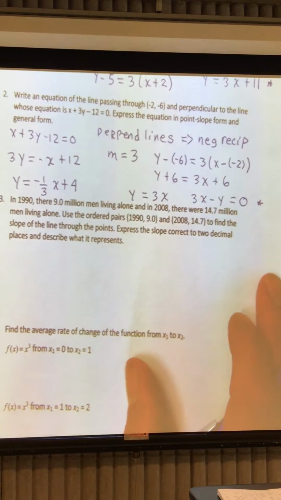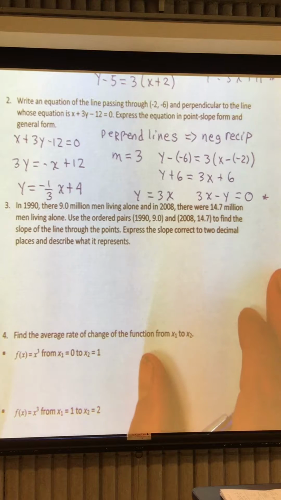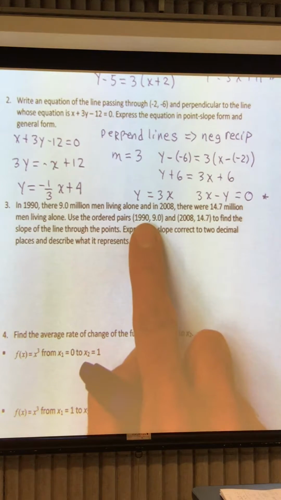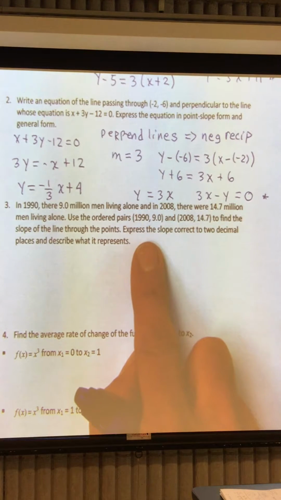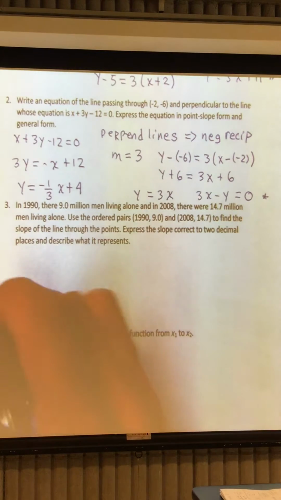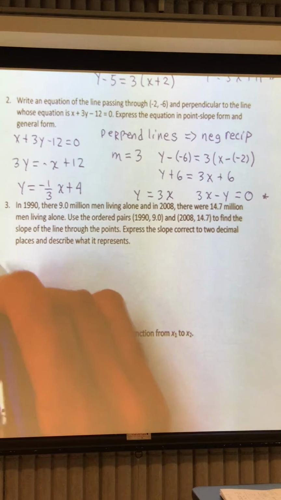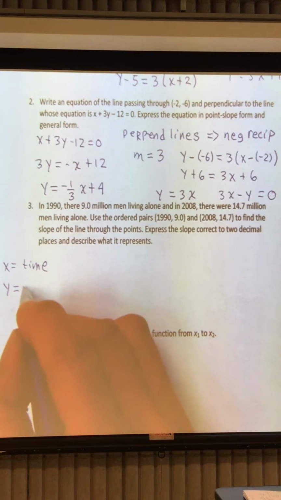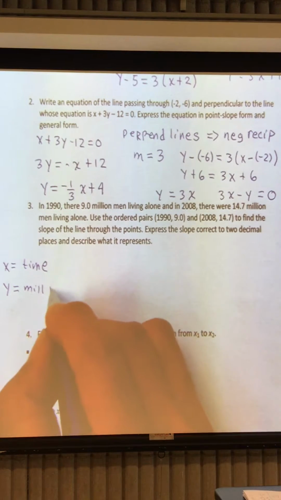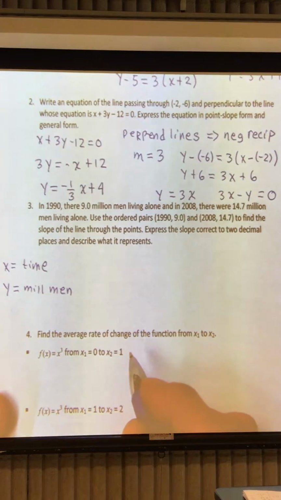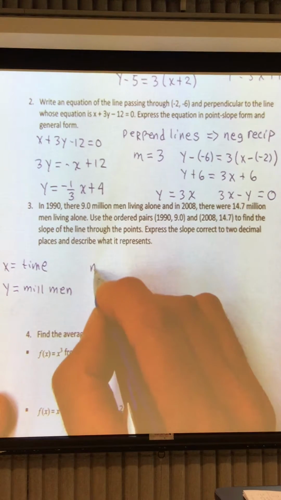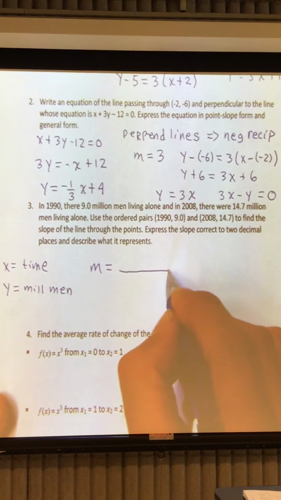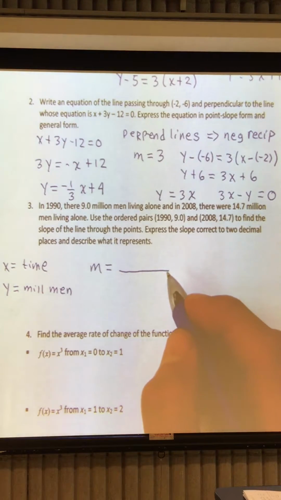Problem number 3. We have 2 points, and we wish to find the slope of the line through those points and explain what it represents. So we have our variable x representing our time, and we have our function y representing a million men who are living alone. So we'll first grab the slope formula and do the computation there.